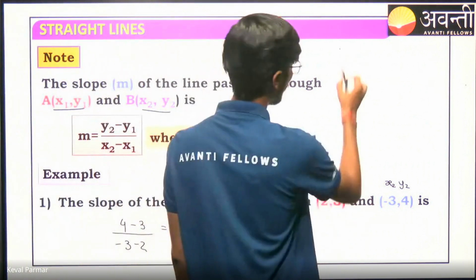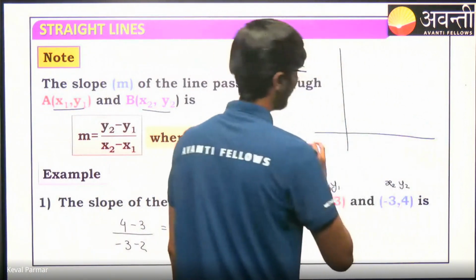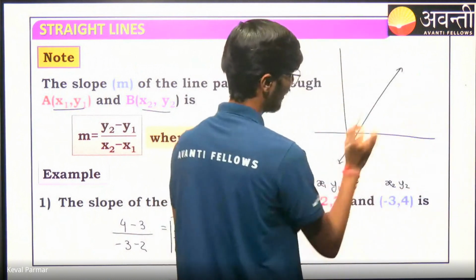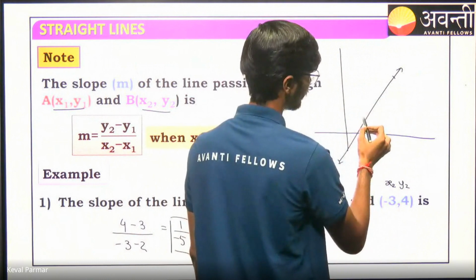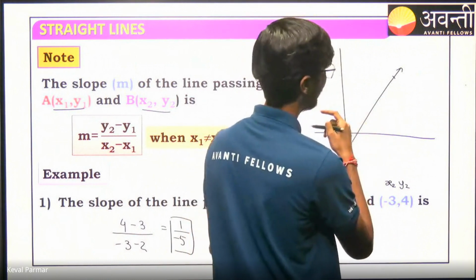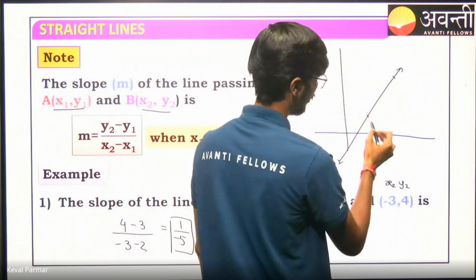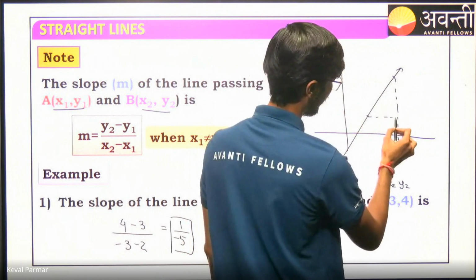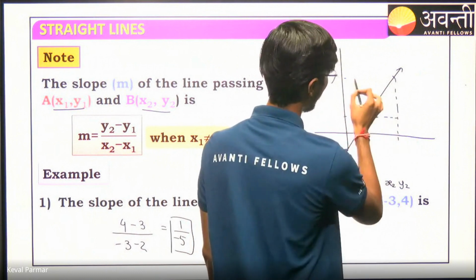Now I am showing you how the formula came about. Let's say I have a straight line like this where I have 2 points, x1, y1 and x2, y2. Let's say this point is x1, y1 and this point is x2, y2.